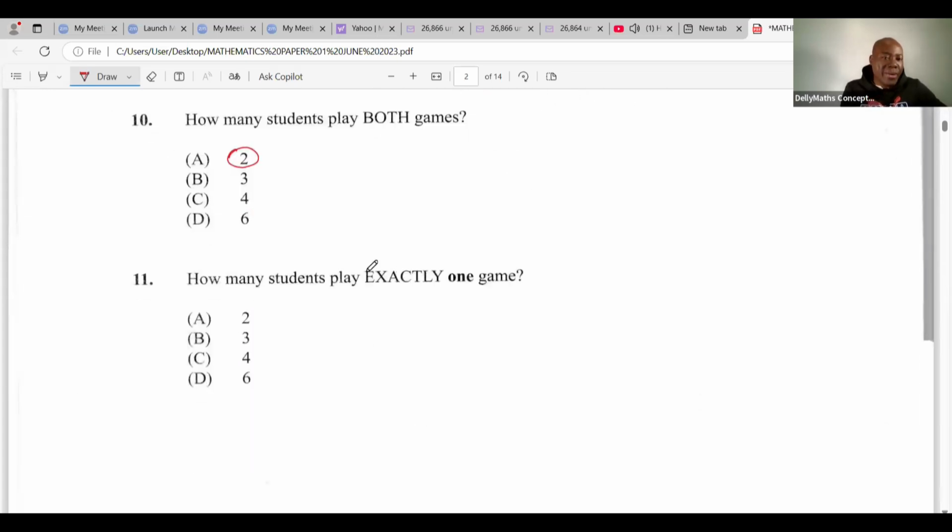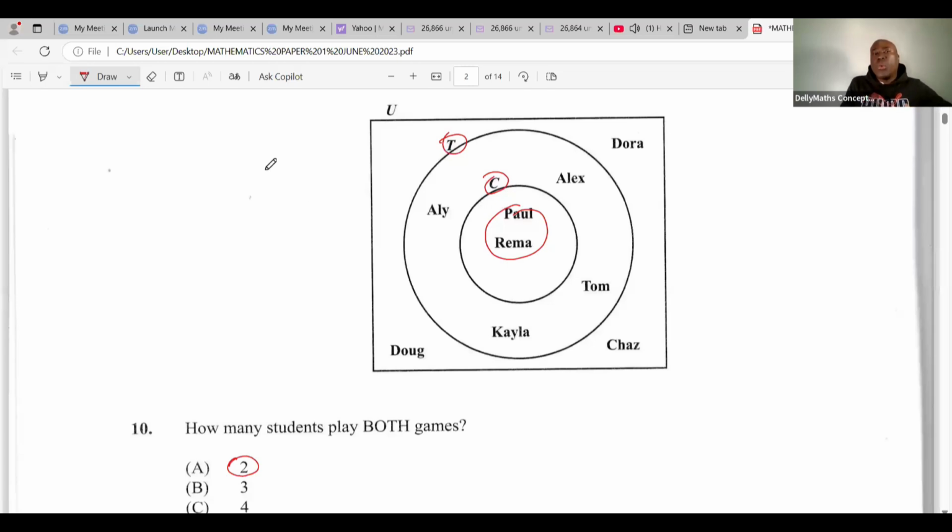Let's take a look at our last question for now. It says, how many students play exactly 1? So if you play exactly 1, we're looking for you on the outside of chess. So you're going to be in the tennis circle, but outside of chess. So we have Ali, Alex, Form, and Kayla. And those would have been 4. So we're looking for 4 that would have only played 1.